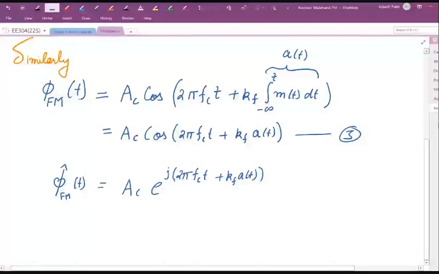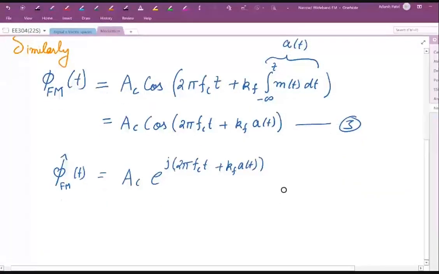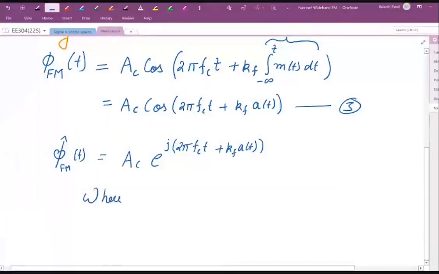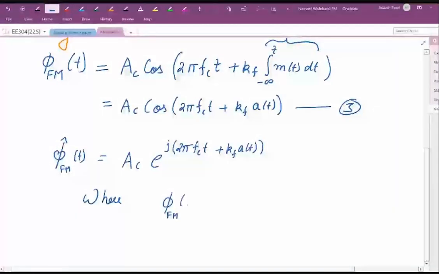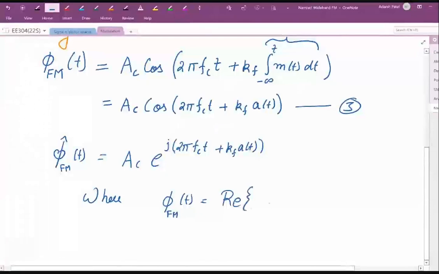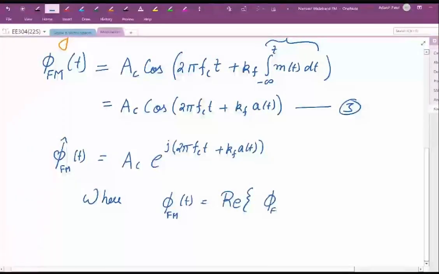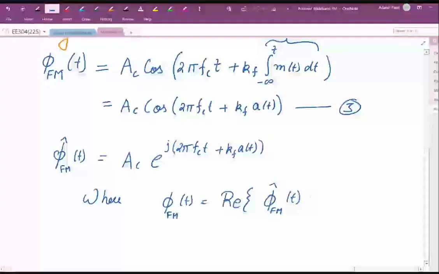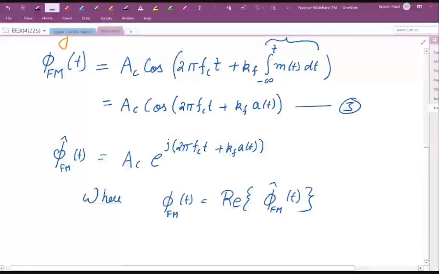And we know that phi fm(t) is given by the real part of phi fm hat(t).